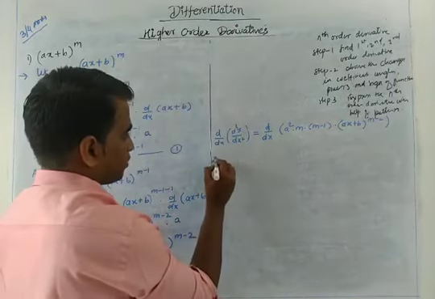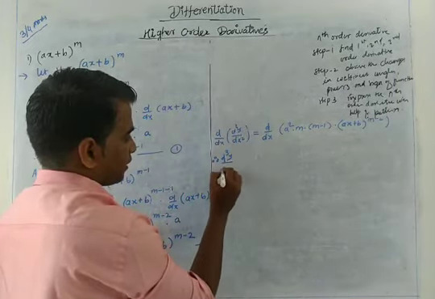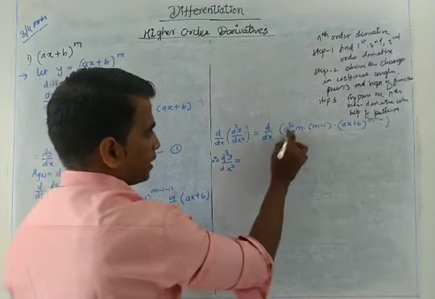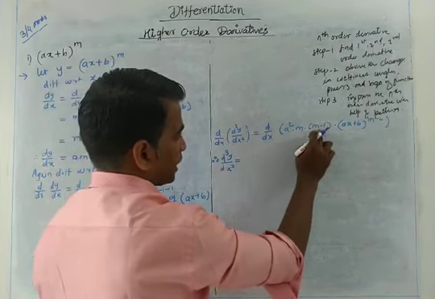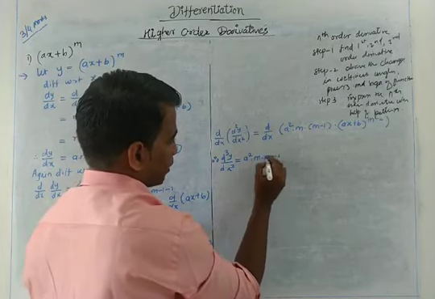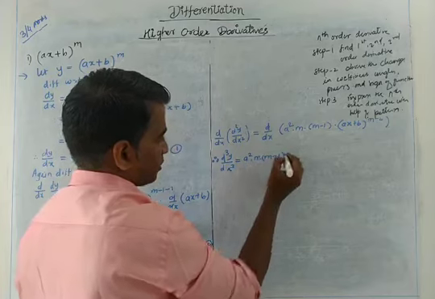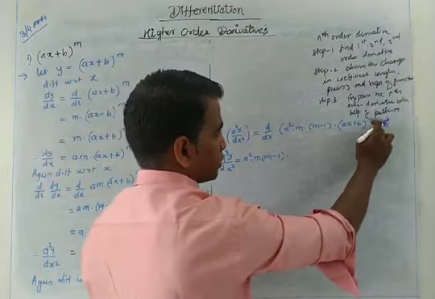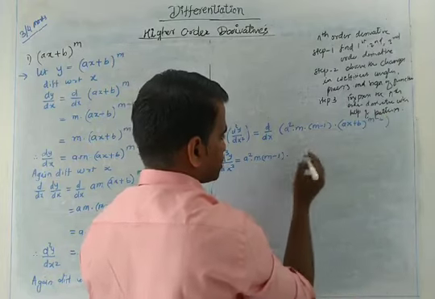Now it is the third order derivative. So d cube y upon dx cube, a square constant, m minus 1 constant, taking outside, into the derivative of (ax + b) raised to m minus 2.